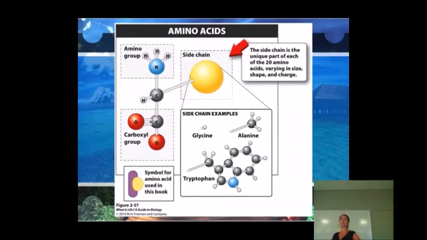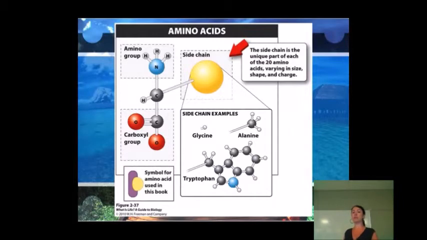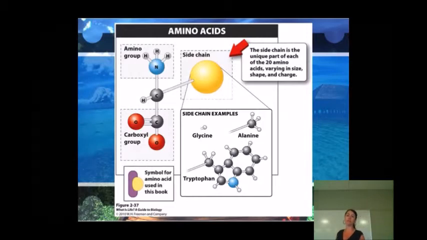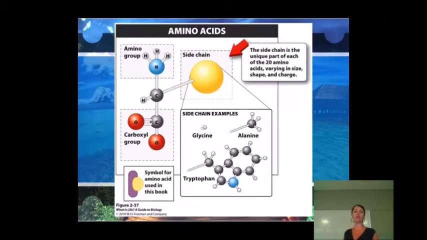So these proteins and amino acids are going to vary in size, they're going to vary in shape, and they're going to vary in charge. And part of those charges is what makes them function the way that they're supposed to function. So anytime you see these -ines, I-N-E, on the back of the word, that usually indicates that it's some kind of amino acid. So they're building blocks of proteins.